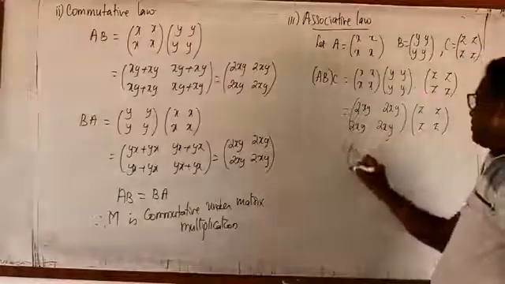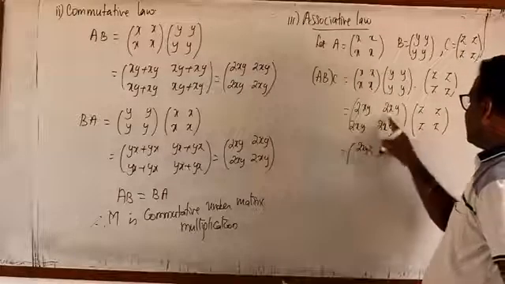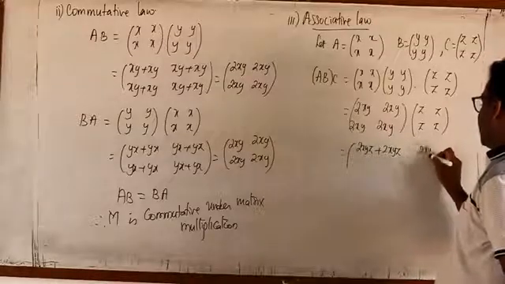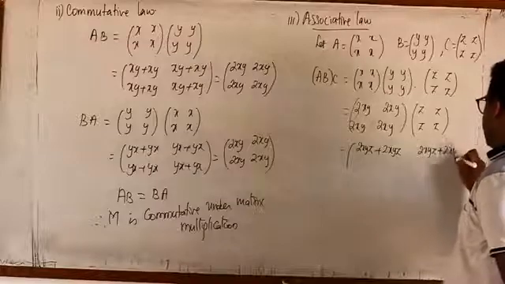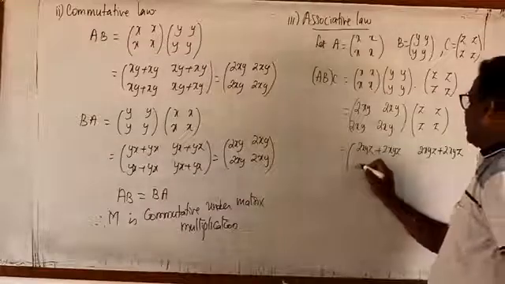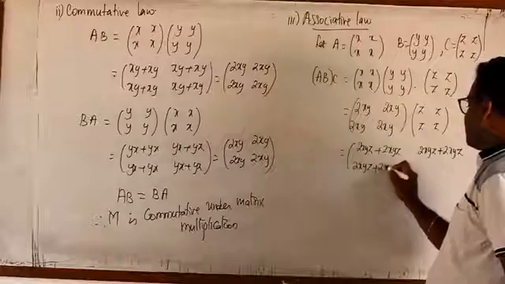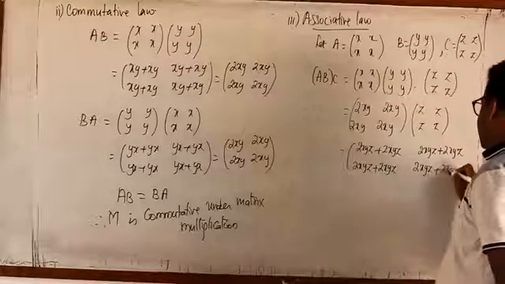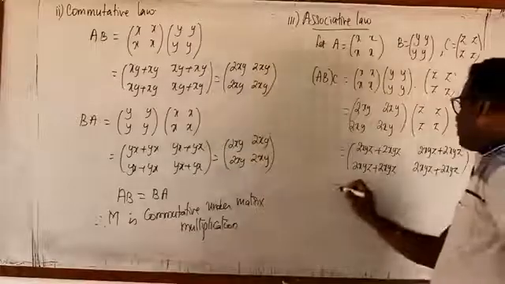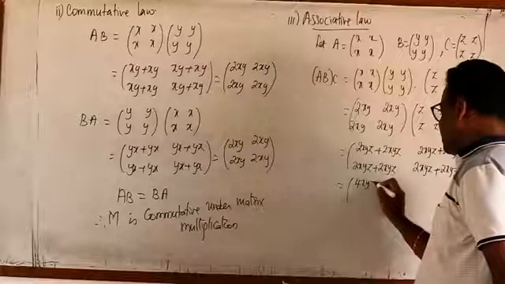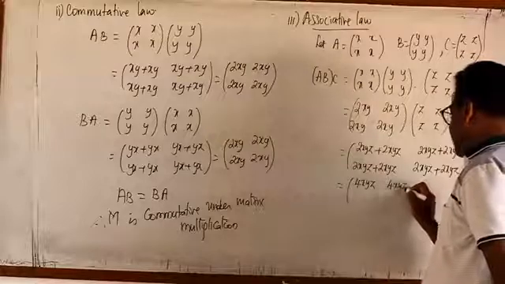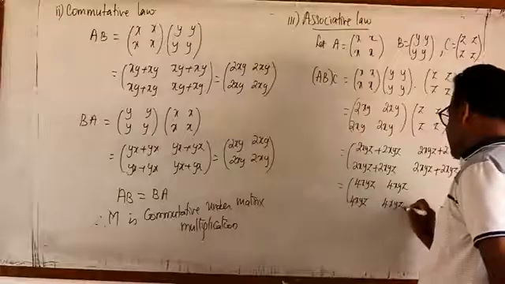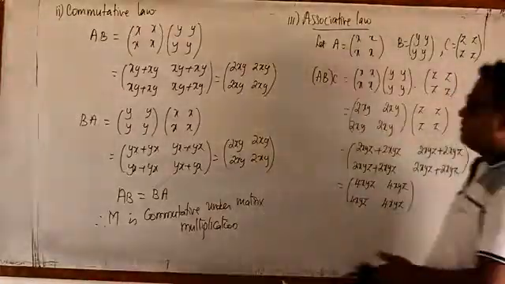When you multiply, it is 2xyz plus 2xyz in each entry. Therefore it is 4xyz, 4xyz, 4xyz, 4xyz. This is our left hand side.